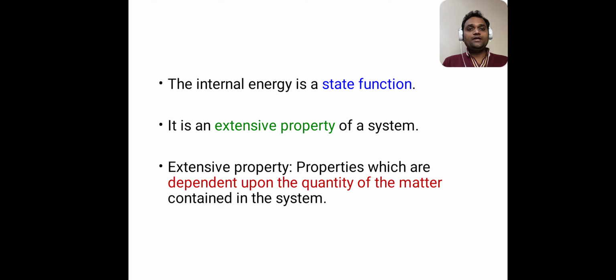The properties which are dependent upon the quantity of the matter contained in the system are called extensive properties. Opposite to extensive property there is an intensive property. So the internal energy is an extensive property and not an intensive property.